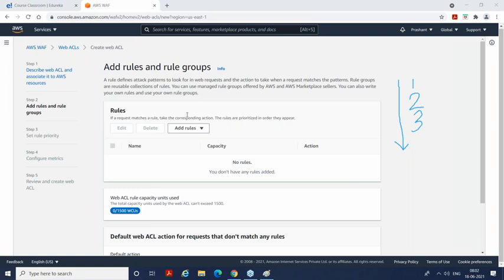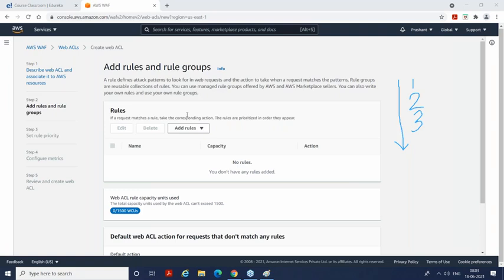So let me tell you, your traffic would be allowed. Your traffic will be allowed and it will use rule number 1 to allow that traffic. Now remember what I told you, the order of processing your rules is top to bottom.